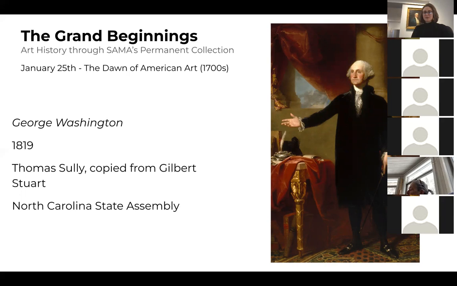So the North Carolina State Assembly said, we want a painting of George Washington, and they asked for a couple quotes from a couple painters. Rembrandt Peale said it'd be $1,500 for a full-length portrait of George Washington, and an additional $1,000 for a copy of the work. And Sully said that he would just copy Gilbert Stewart's rendition, which is this portrait, for $400.